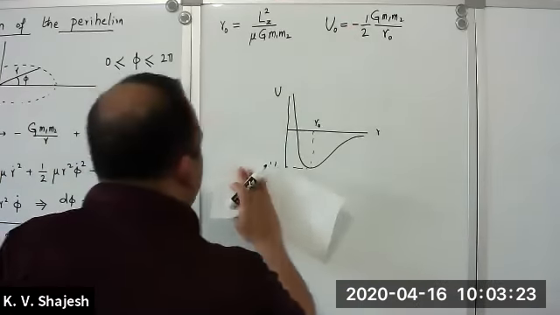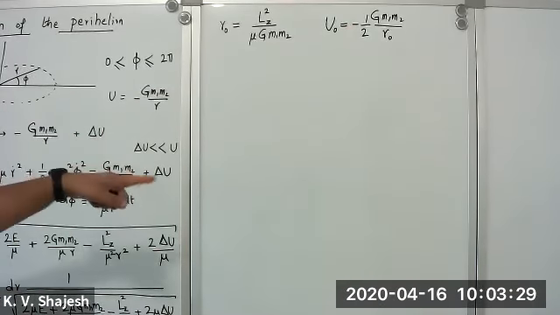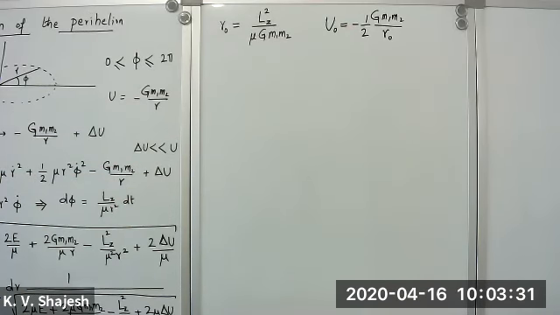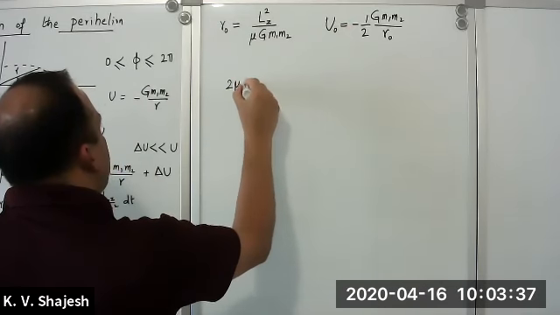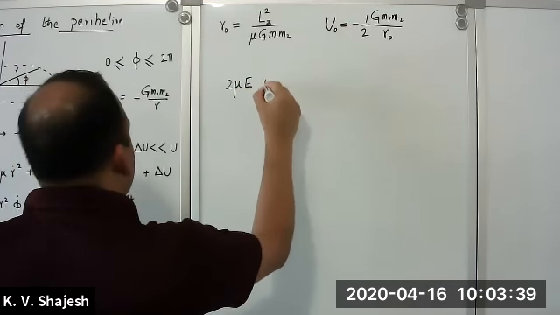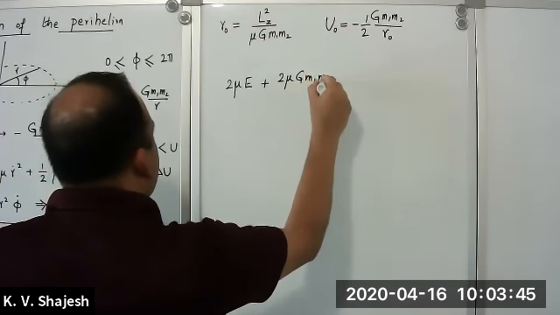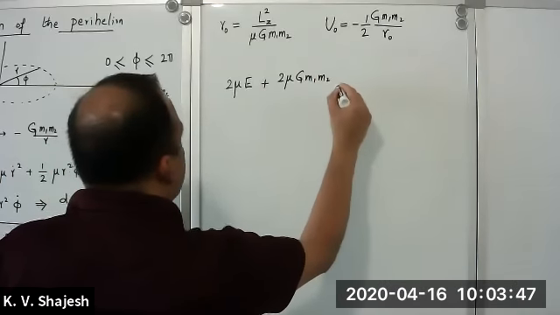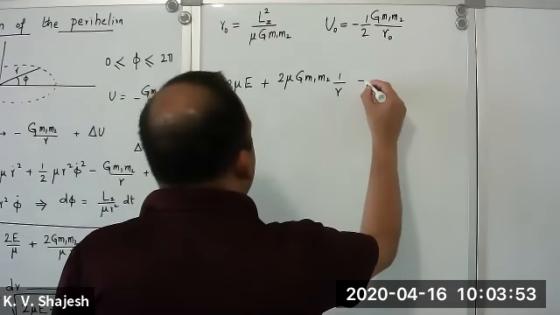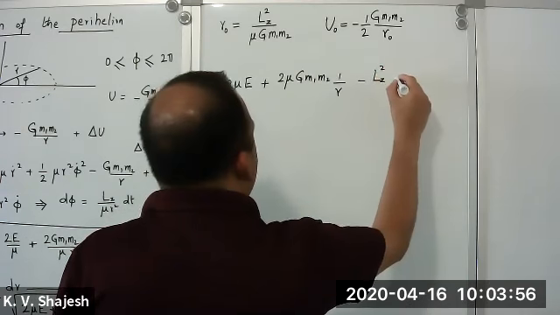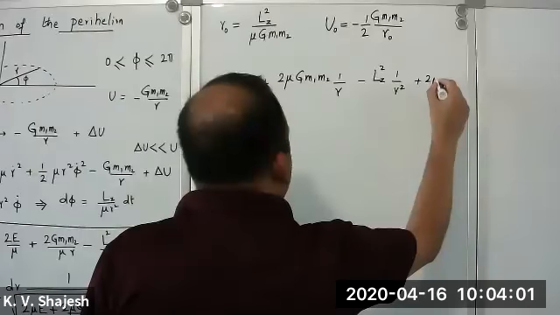Based on this, I can rewrite my quantities in there. Let me roughly do it here, and then I'll copy it there so that I can use the board space again. Whatever we had in the denominator was 2 mu E plus 2 mu G M1 M2 over R, so let me write this as 1 over R minus LZ square over 1 over R square, and 2 mu delta mu.